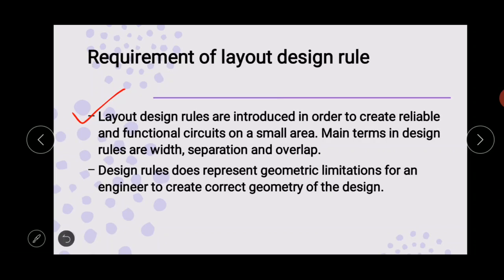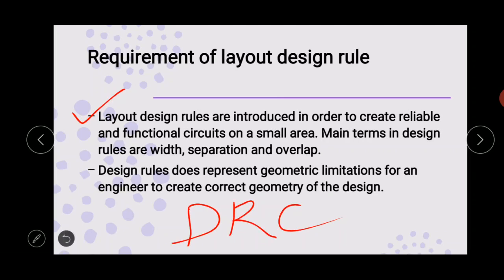For checking the correct design, electronic design automation is used. Electronic design automation is used extensively to ensure that designers do not violate design rules, and the process is called design rule checking, in short DRC.